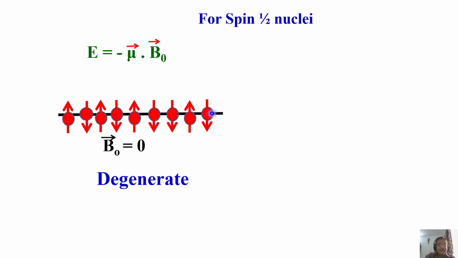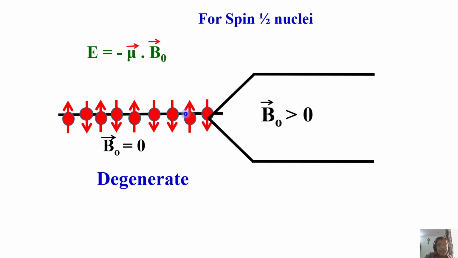That means these energy states are not separated in the absence of the magnetic field. That is why they are called degenerate states. Degenerate means these energy states are not separated, there is no separation of energy states.